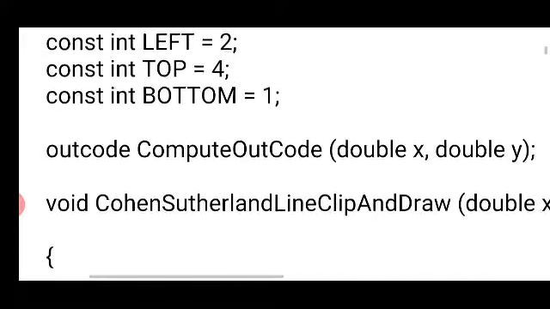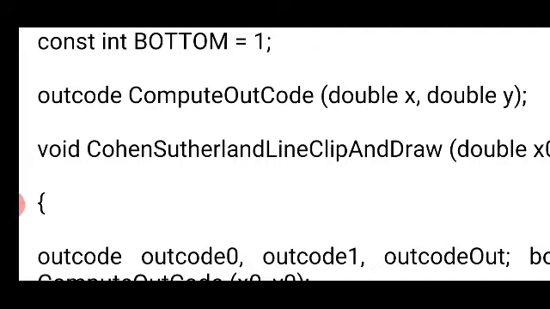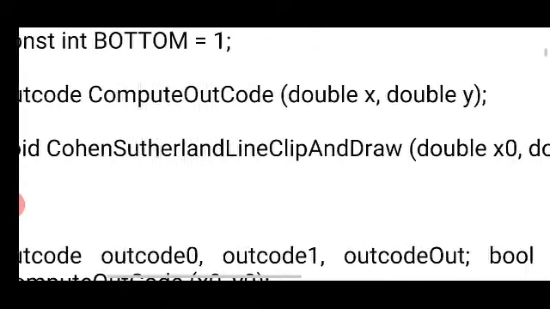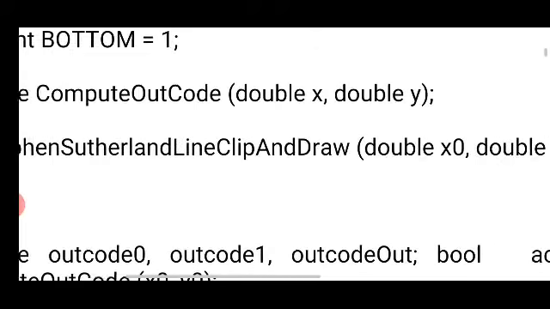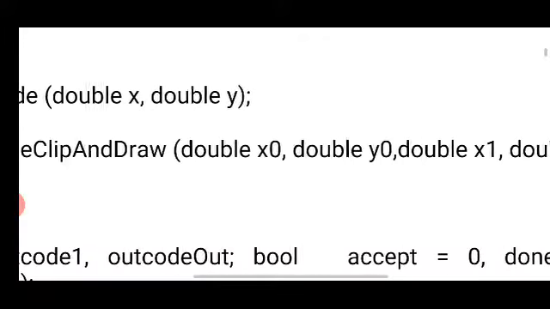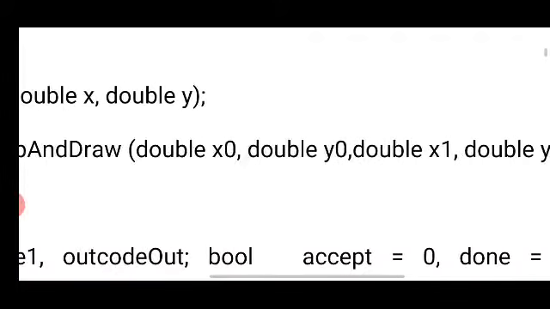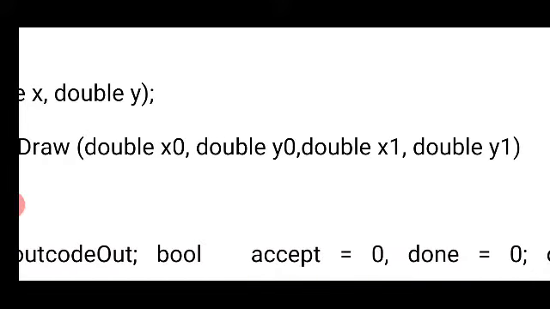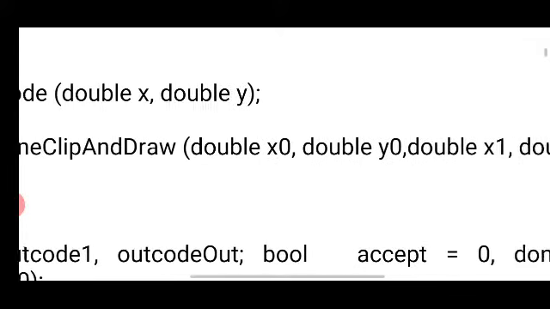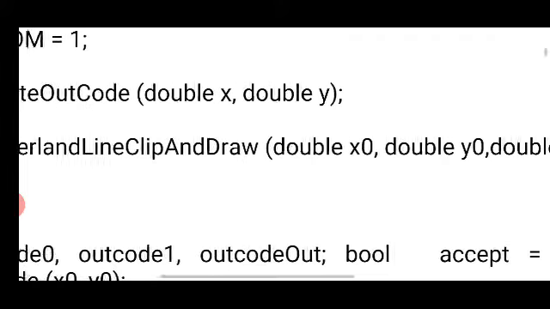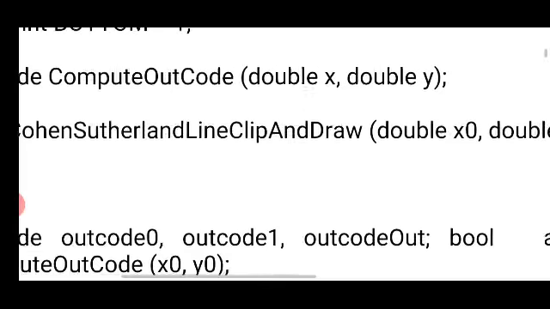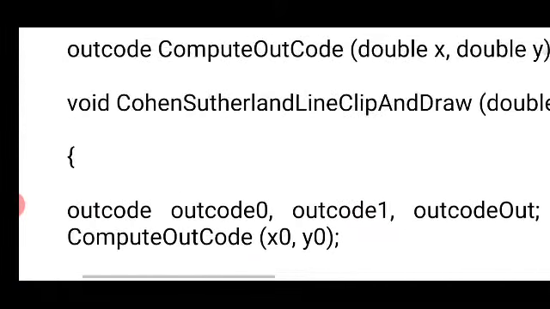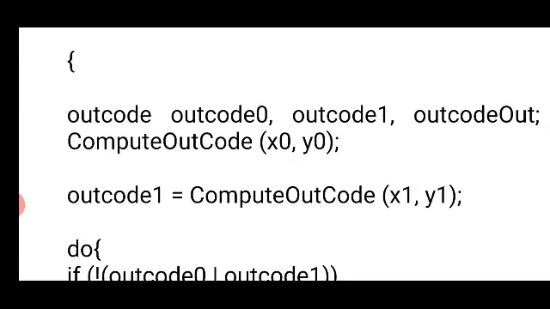Now we will see the Cohen-Sutherland line clipping method directly. It takes 4 parameters, x0, y0, x1, y1, which are the two endpoints of the line. The first step of this algorithm is to compute the region code.